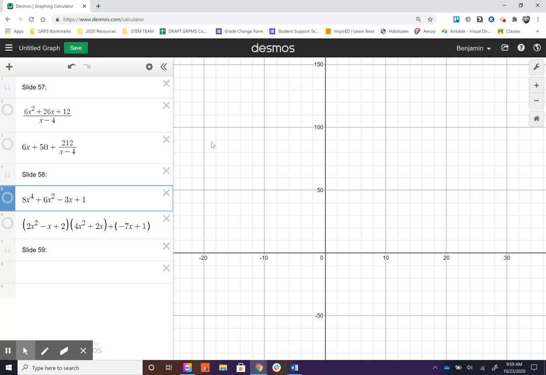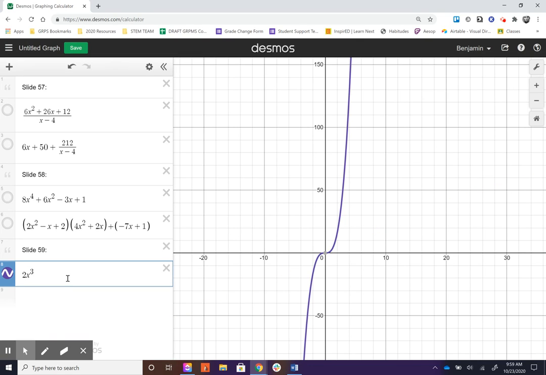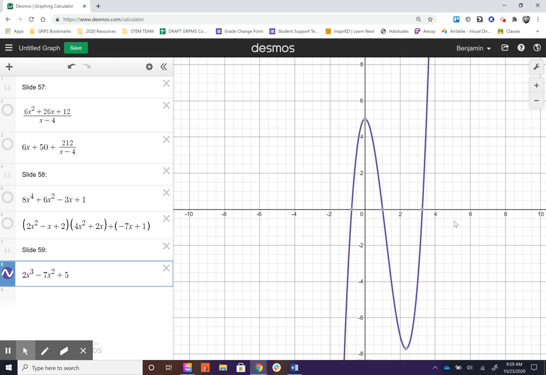Oh, just kidding. Actually, I want to do the graph. I want to verify. All right. So let's verify that we are correct. So 2x cubed minus 7x squared plus 5. This should look like a cubic, and it sure does. Let's zoom in a little bit.